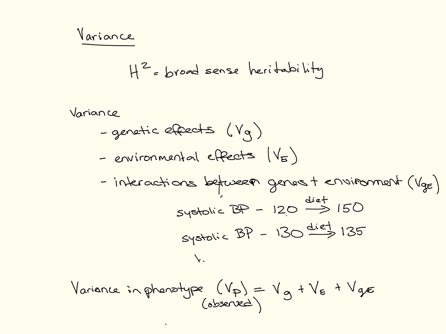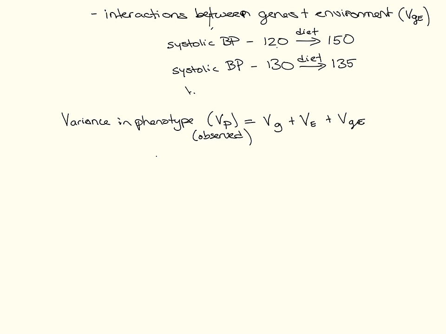But the best way to figure out the variance of one of these terms is to eliminate the other terms. Suppose you had a population of individuals who were genetically identical, so they were all clones of each other, highly inbred. We could make the genetic variance 0.